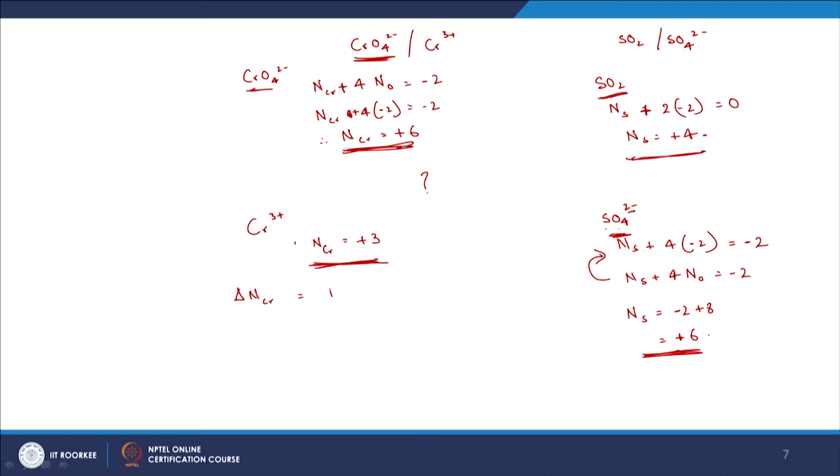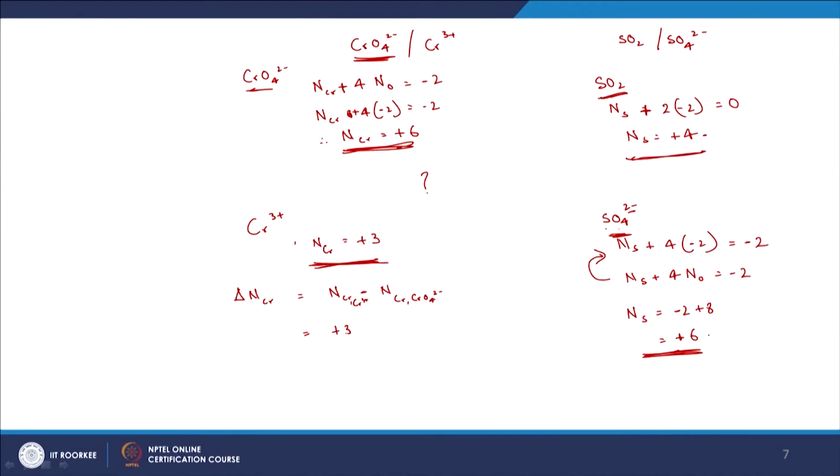So let's say I'm going to write N(Cr) minus N, as Cr3+ and the oxidation state in CrO4 2-, right? And this is nothing but going to be equal to the change in oxidation state, which is equivalent to the number of electrons being transferred, right? So here it's +3 minus +6, right? So that's equal to -3 here, right?